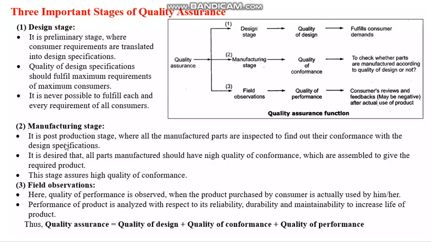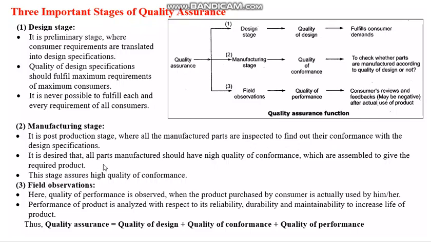See, though we are saying it is the manufacturing stage, it is actually after the manufacturing, or the post-production stage, where all the parts are manufactured and inspected, and we find out whether they are in conformance with the design specifications.